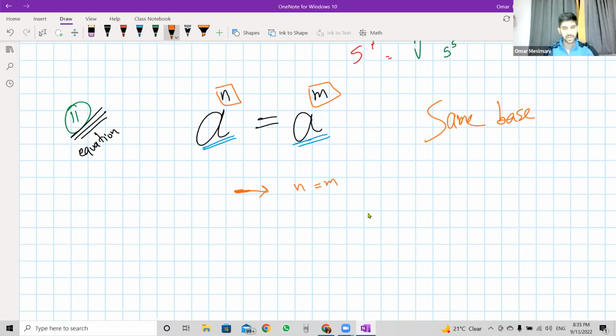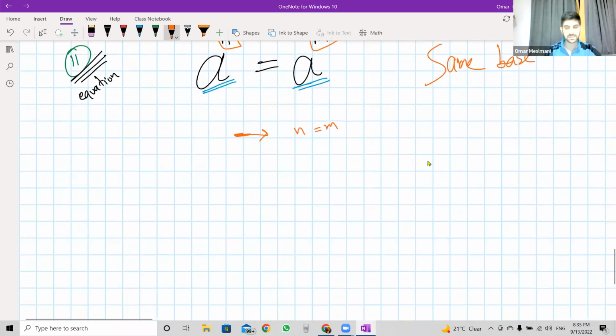Here is an example. Let's say that I have 2 to the power of 3x plus 1, that's equal to 8, and it's asking to find the value of x. They like this question, by the way, so much. Who can give me an idea about how to do this one?